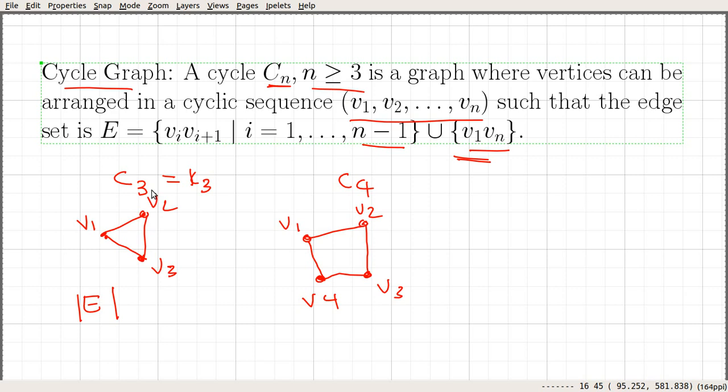If we consider C3, the number of edges is 1, 2, 3. If we consider C4, the size of the graph, or the cardinality of E, is equal to 1, 2, 3, 4. So you can see that if you consider a general cycle graph with n vertices, the number of edges will be equal to n.